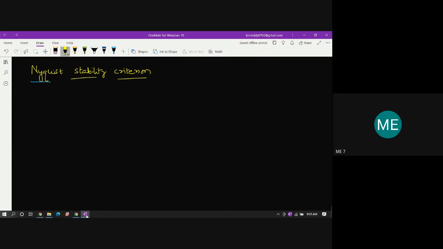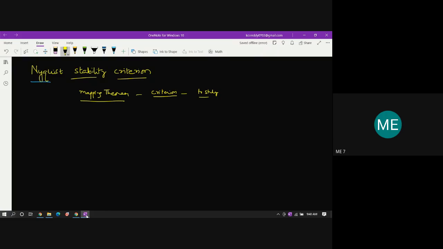Here, Nyquist has used the mapping theorem, and he developed a criteria to study the stability of any control system in the frequency domain.